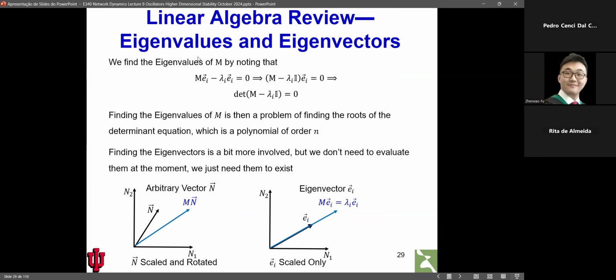To find the eigenvalues and the eigenvectors, we first assume there are these lambda i and Ei here, okay?